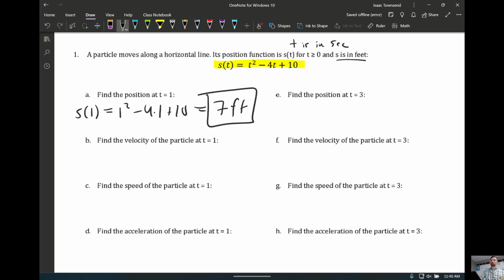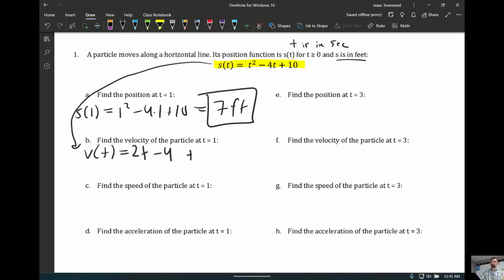Now, if I want to know what is his velocity at 1 second, the calculus you have to know is that the velocity function comes from taking the derivative of the position function. So bring the power down, lower the power by 1. Bring the power down, lower the power by 1. And the derivative of a constant is 0.